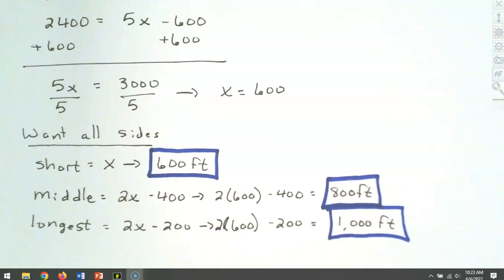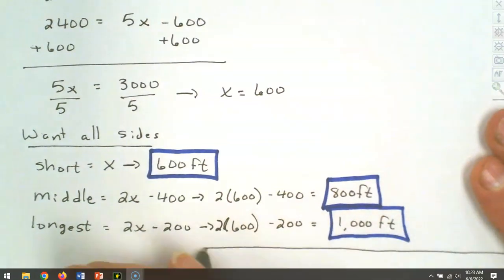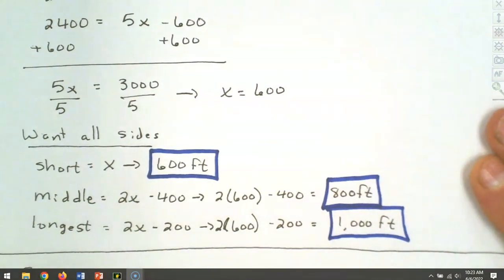Let's do one more of these. Let's look at question 17. And this again is going to be on page 119.